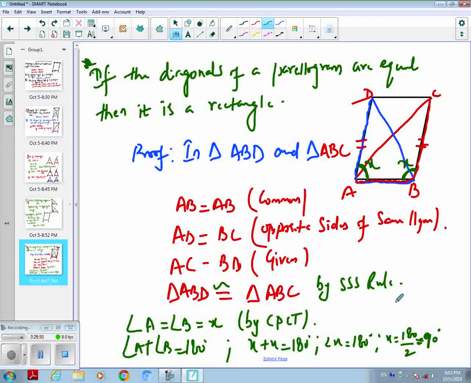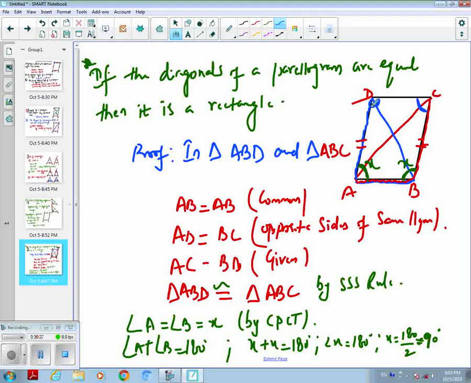So either of this angle A and B, they are 90 degree. Similarly, we can prove that angle D and angle C, they are also 90 degree by taking triangle ADC and BDC.